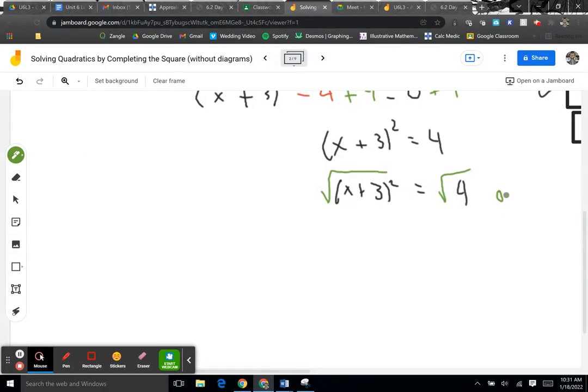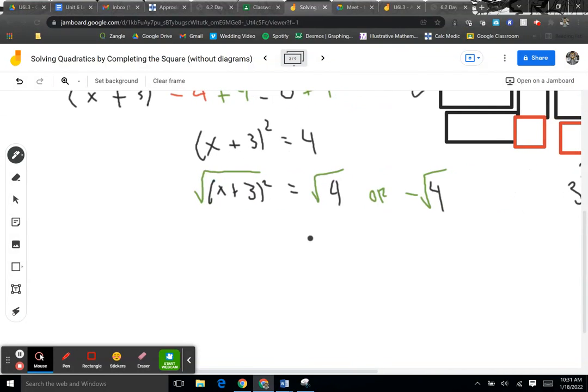So this should be or the negative square root of 4 as well. All right, square root of x plus 3 squared is just x plus 3. And that's going to be equal to the square root of 4, which is 2. Or x plus 3 would be equal to the negative square root of 4, which is negative 2.